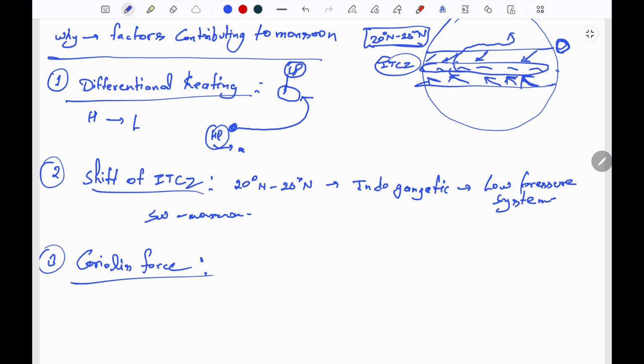So these southeast trade winds will become southwestern trade winds.